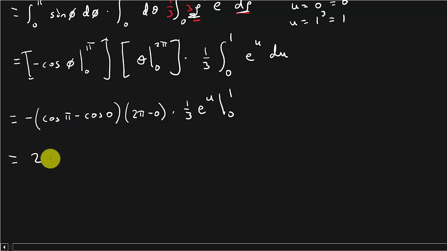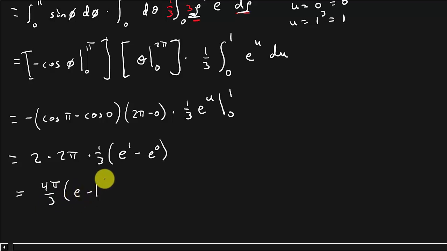That's 2 pi. So times 2 pi, and then times 1/3 times e to the 1 minus e to the 0. And so that just ends up being 4 pi over 3 times e minus 1. And there's your answer.